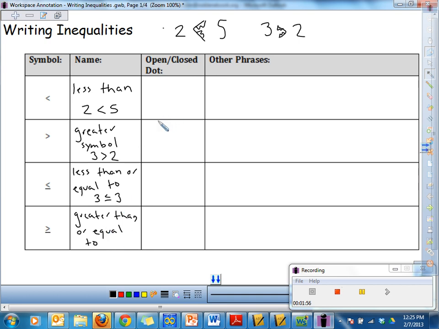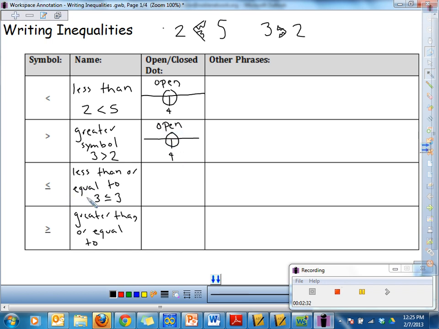So when we're doing inequalities, we also sometimes have to graph them. And to do that, we use different dots. So if it is a less than or a greater than symbol, we're going to use an open dot. So if you see your number line, you have maybe a number like 4 here, and you put an open dot. This is an open dot. We use that for less than, and then we also use that for greater than, both open dots.